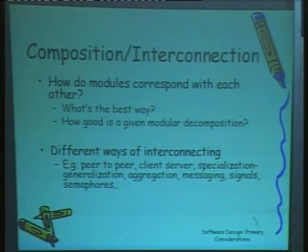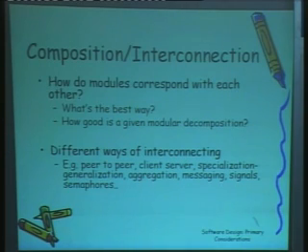You can have a client-server model for interconnection. The clients ask the servers to provide a specific service. They send out a message and get a reply in return. You have specialization and generalization for interconnection, an inheritance type of connection. You have aggregation for part-whole. You have different ways of messaging.